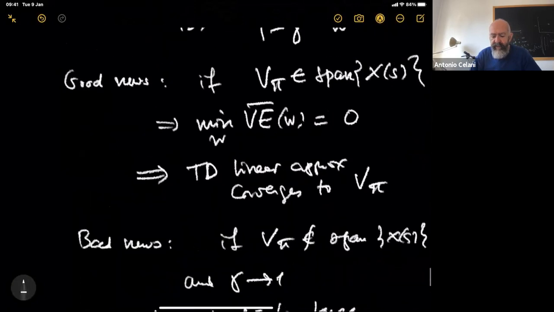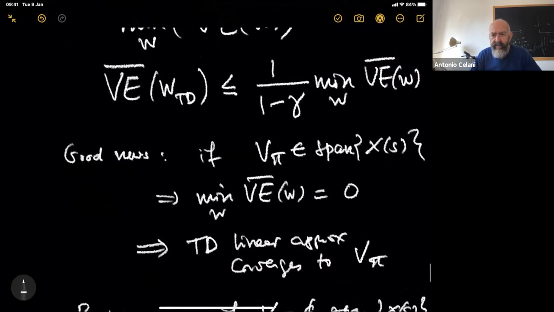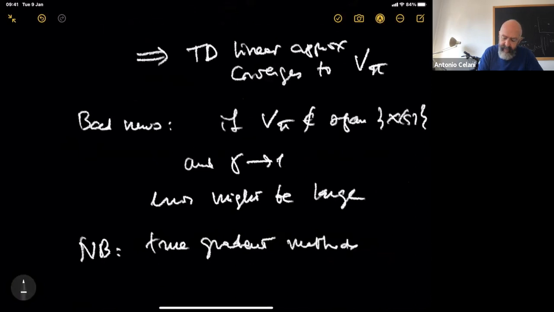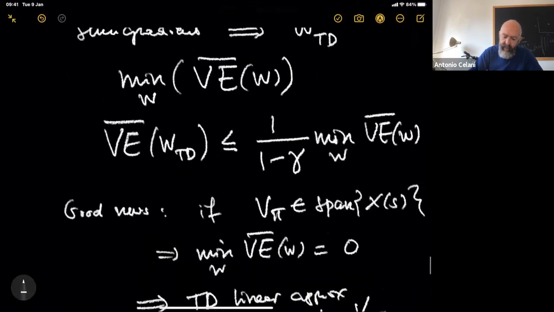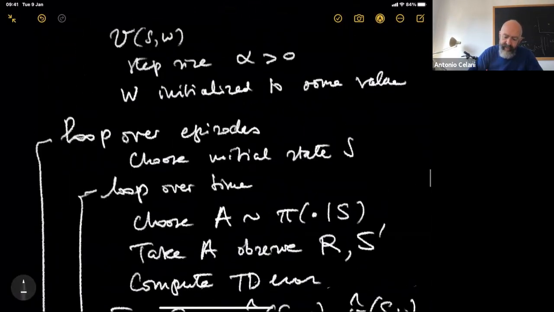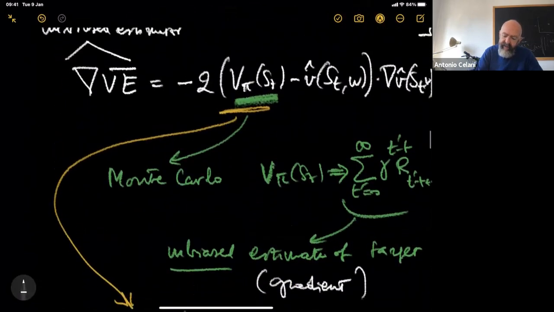So notice that if you use Monte Carlo methods, that is, if you use true gradient methods, this is the situation which we have been describing above here in green.